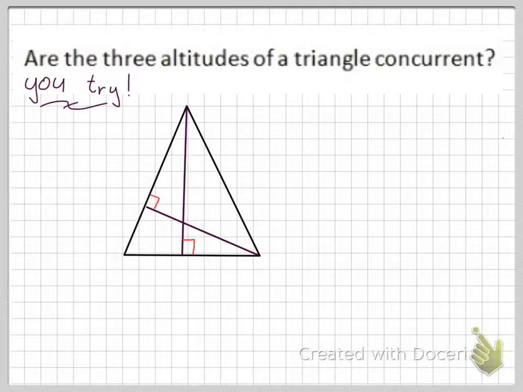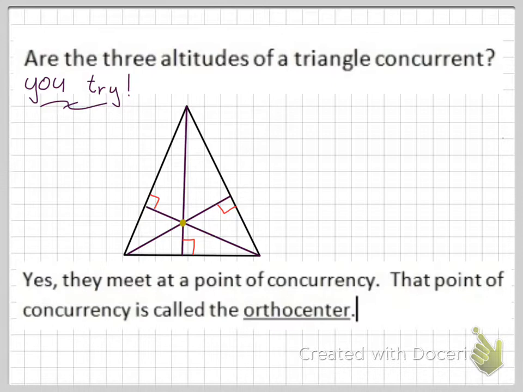There will be another altitude that starts from a vertex and is perpendicular to that opposite side. And then lastly, I have the last altitude that starts at a vertex and goes perpendicular to the opposite side. And as you can see, there is a point of concurrency. It does meet at a point. And that point of concurrency is called the orthocenter.